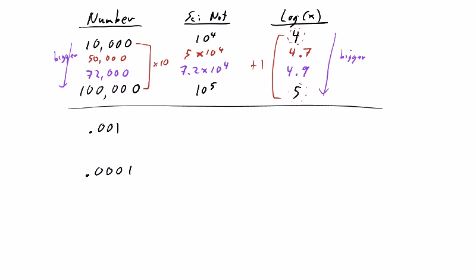In scientific notation, the first would be 10 to the -3, the second would be 10 to the -4. When we look at the logarithms, since it's simply the exponent of 10, you can try it in your calculator, but you should be able to recognize that that should be -3 and -4 respectively.